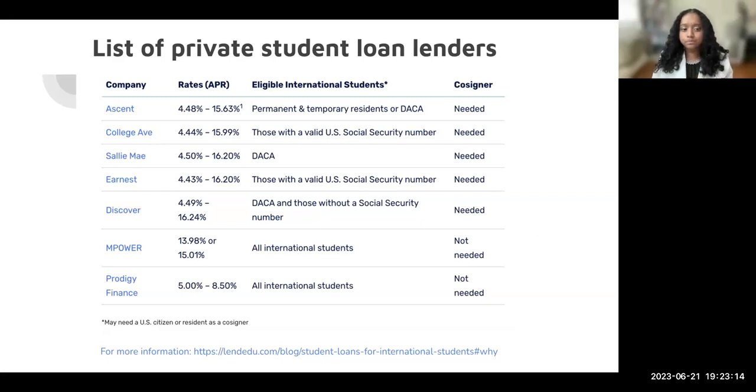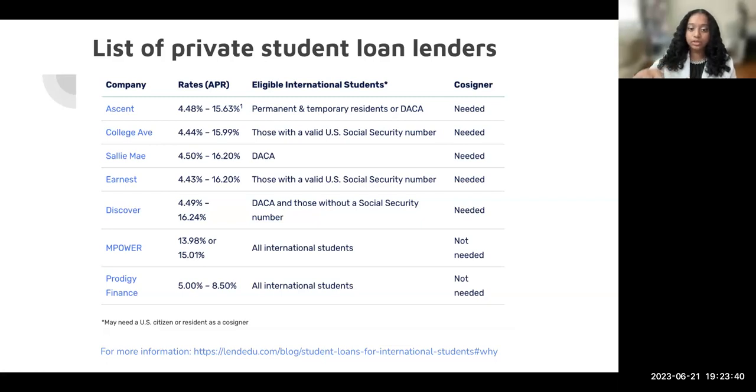So they will most likely be on the higher end of interest rates. And as you can see, Empower starts at 13.98 without a cosigner. So that's pretty much on the higher end. But when you do have a cosigner, and depending on how good their credibility is financially, you could get a lower interest rate.